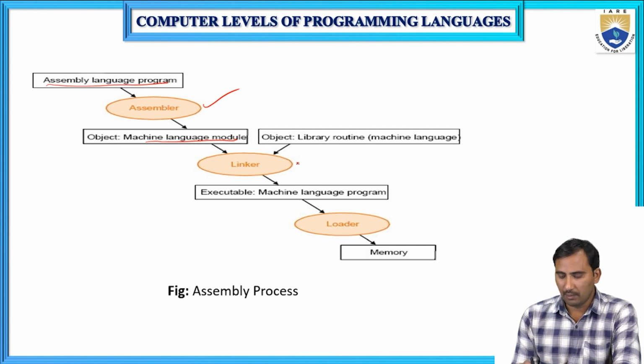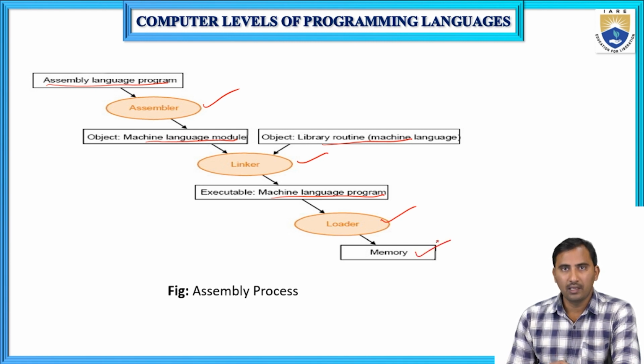Then with the help of the linker, we add other library files. Finally it generates a machine language program that is given to the loader. The loader places that machine equivalent code in the memory. From the memory, the operating system will execute the program.